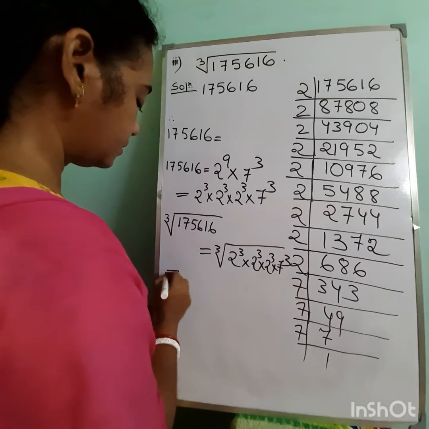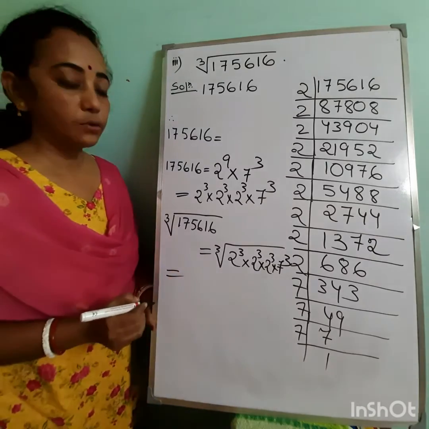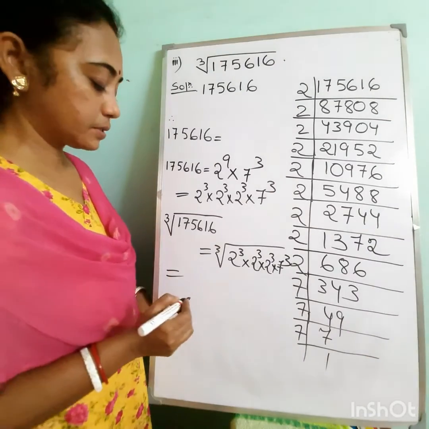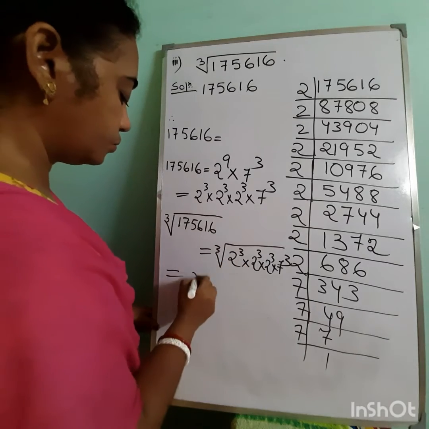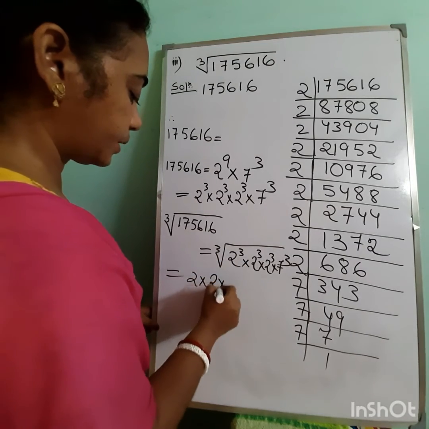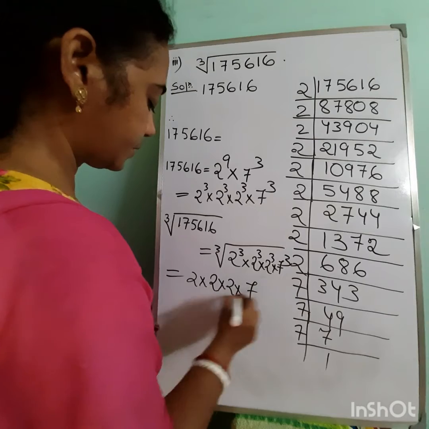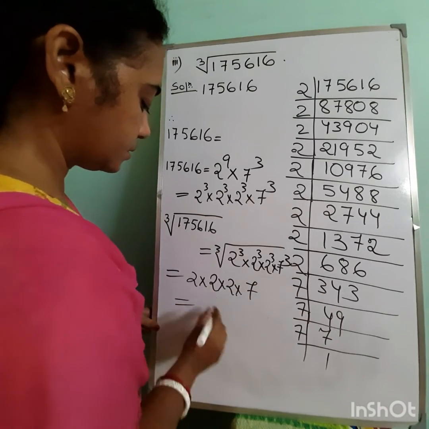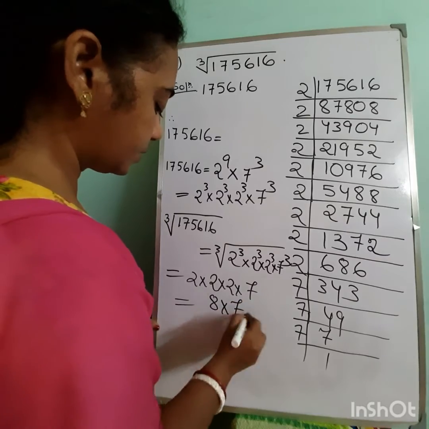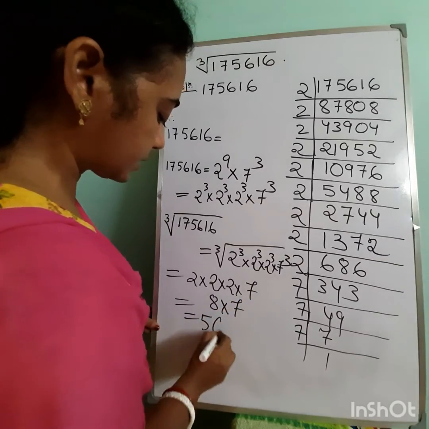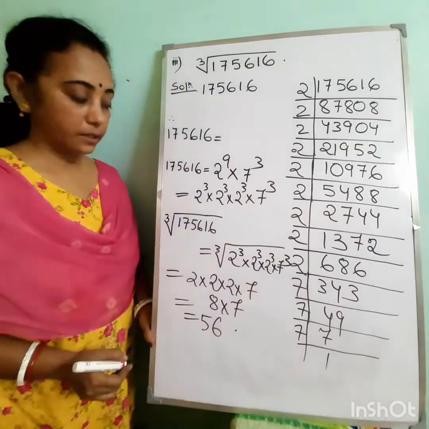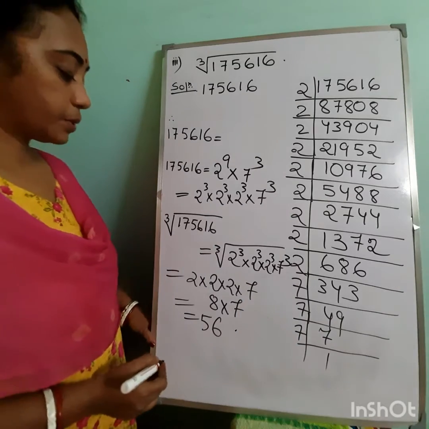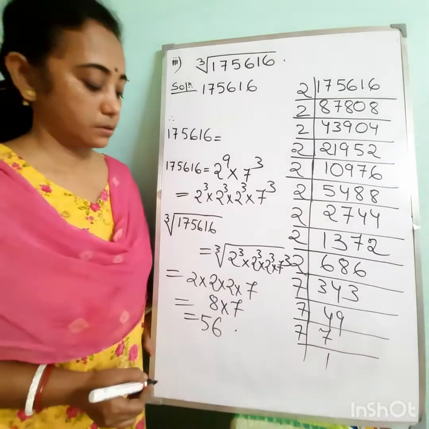After writing, we will take one factor from each triple. So that means here 2 multiplied by 2 multiplied by 2 multiplied by 7. That means it is 8 multiplied by 7, which equals 56. So we get the cube root of the given number as 56.